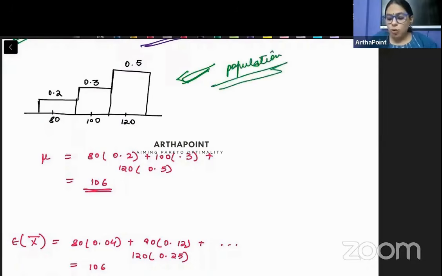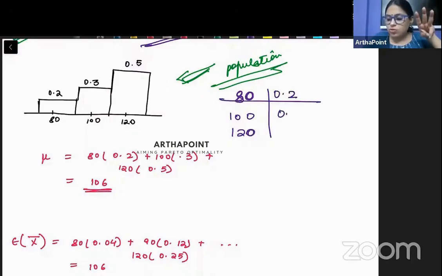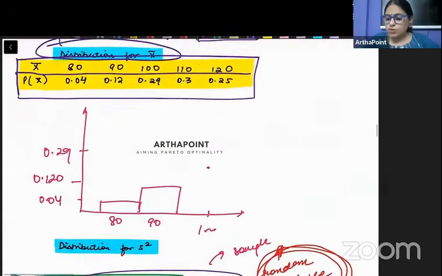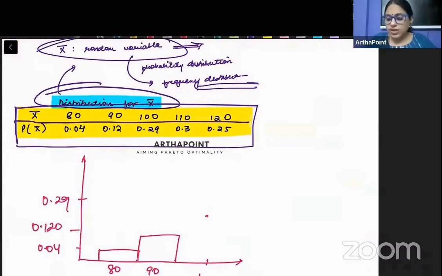So if you go back to the population, we had only three values: the revenue can be 80, the revenue can be 100 and the revenue can be 120. और उनका corresponding probability दिया हुआ था 0.2, 0.3 and 0.5. But sample के mean if you notice it varies more. तो जब हमने sample में देखा तो we found that the mean can be 80, it can be 90, it can be 100, 110 or 120.